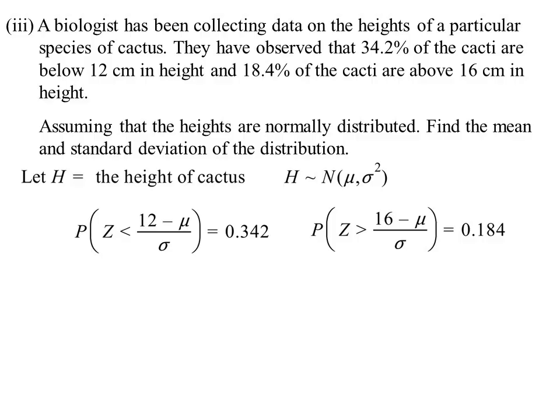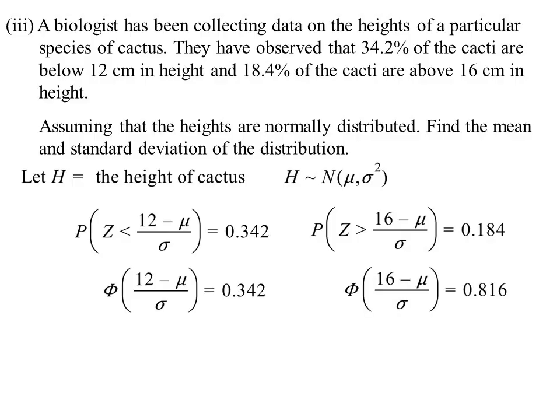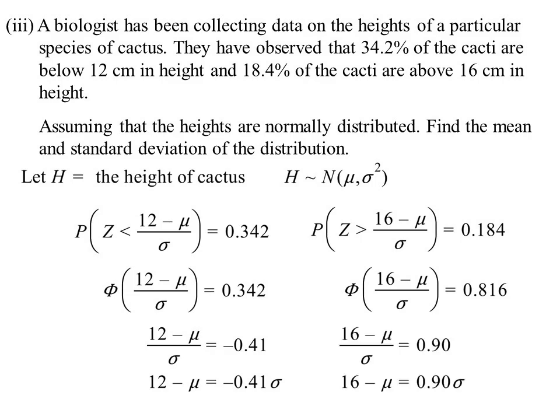We look up our table and ask, when is this 0.342? That's the one below, and for the other one, 0.816, at least that one we can read straight off our table. Again, we just go through, find the appropriate number or the closest to it, and we come up with the first one, negative 0.41, and the second one, 0.9.